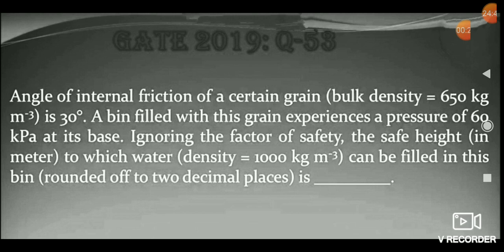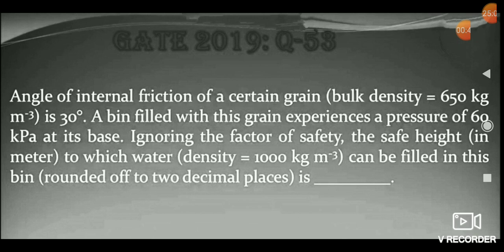So you read the question that the bulk density is given as 650 kg per meter cube and the angle of internal friction is 30 degree, and the bin is filled with experience a pressure of 60 kilopascal at its base. Ignoring the factor of safety, to what height, friends, here it is saying that the pressure is equivalent to the height of water filled in the bin.